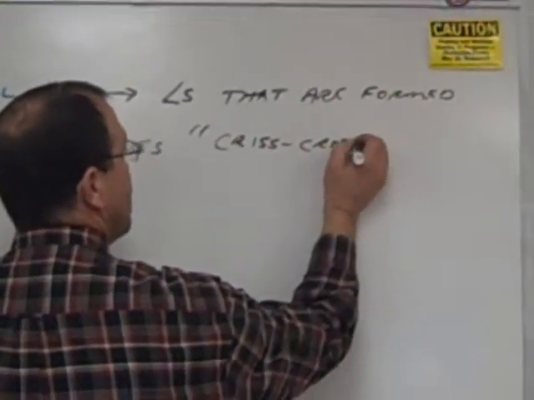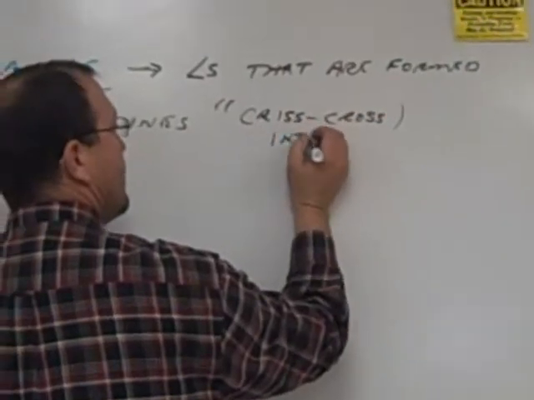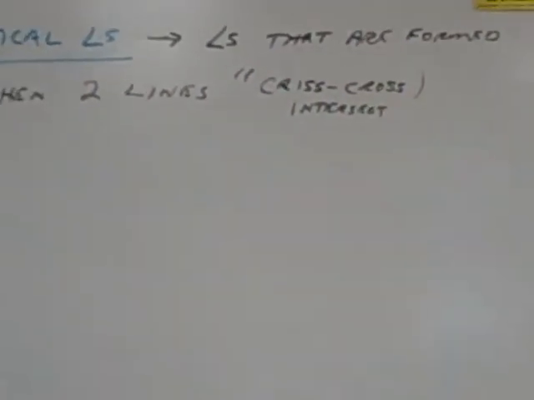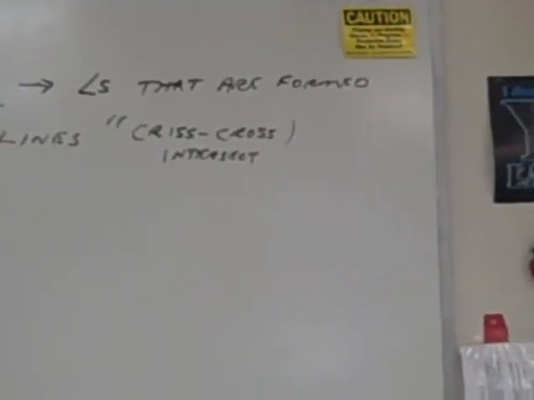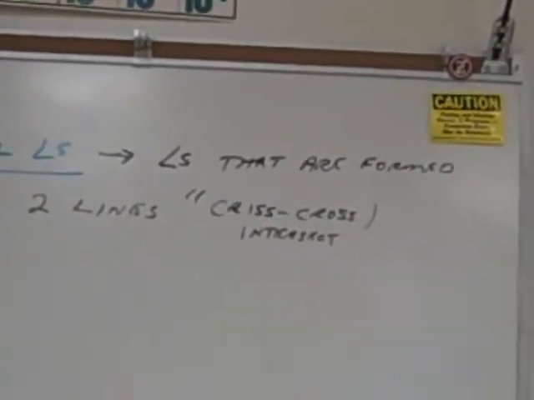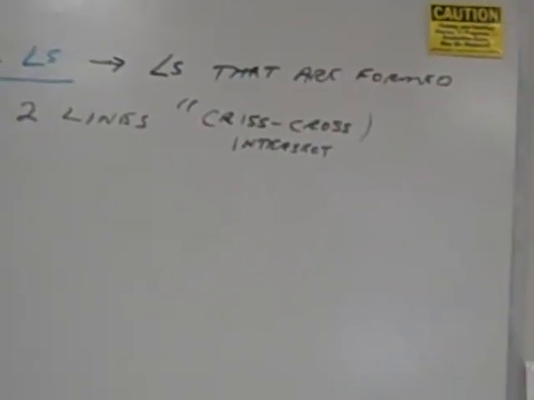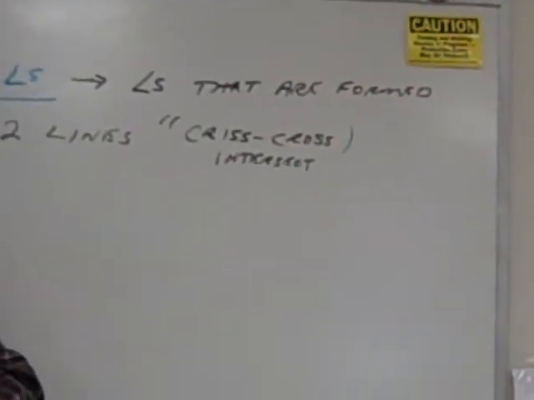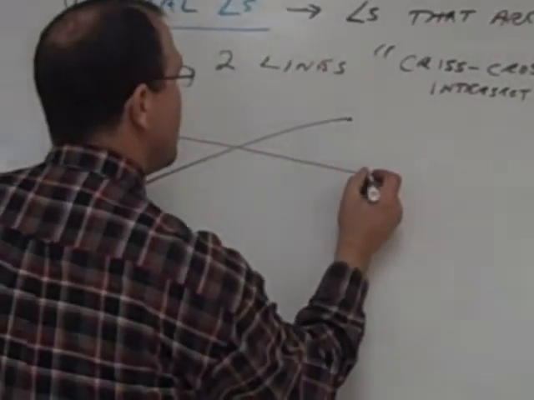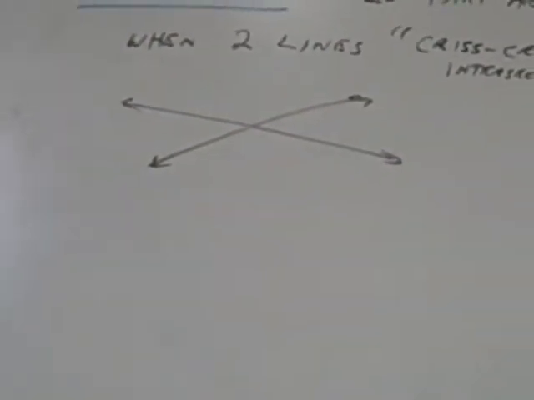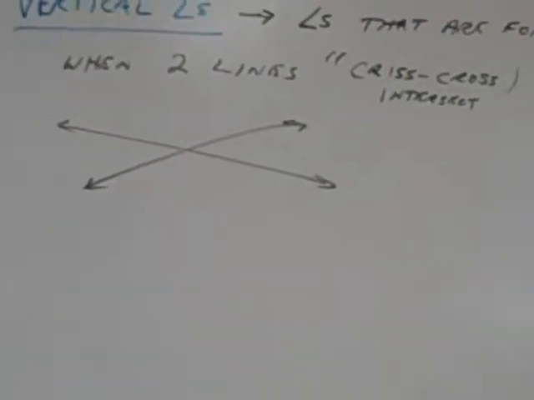Okay? It's the word intersect in real geometry. You'll have to know that word. But for us 6th graders, we're going to call it crisscross. When 2 lines crisscross like that, vertical angles are formed.